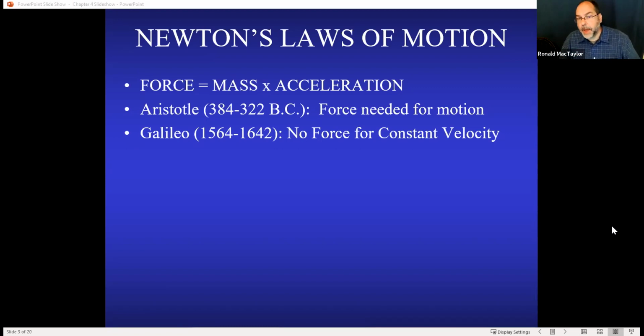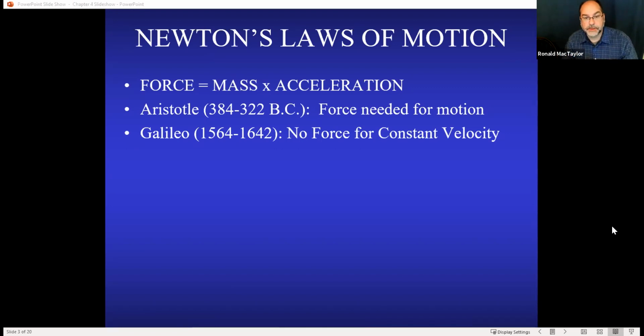Galileo extrapolated back and did some experiments here on the surface of the Earth and said, you know what? We've got this nice, smooth, polished marble floor and a rock, or some object on the surface of the marble floor. And if I push it, it moves.